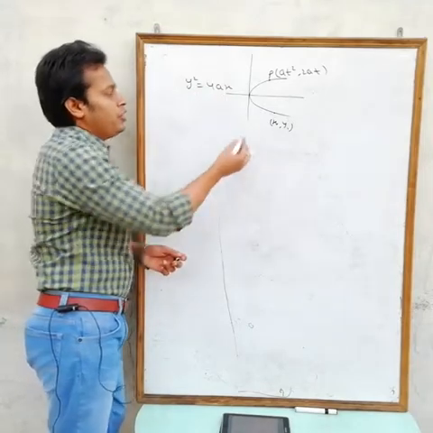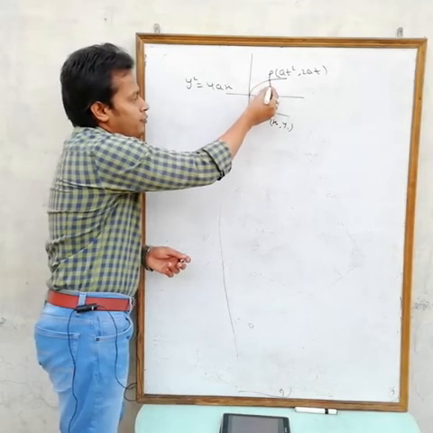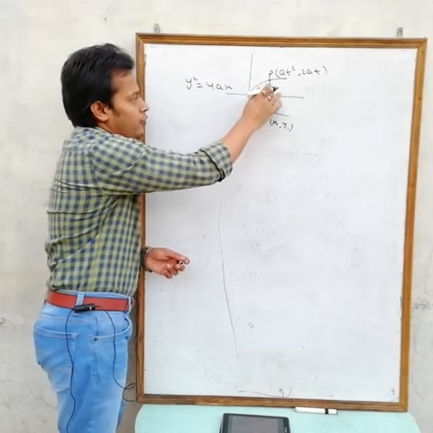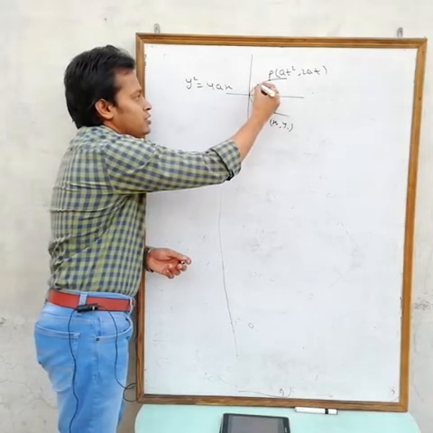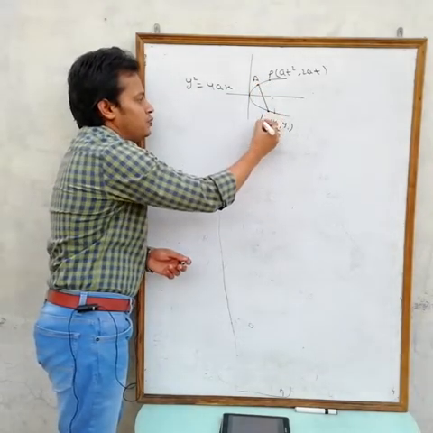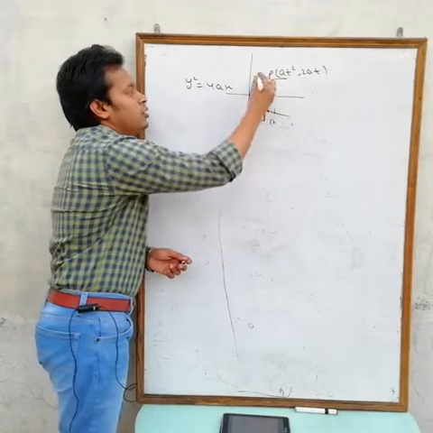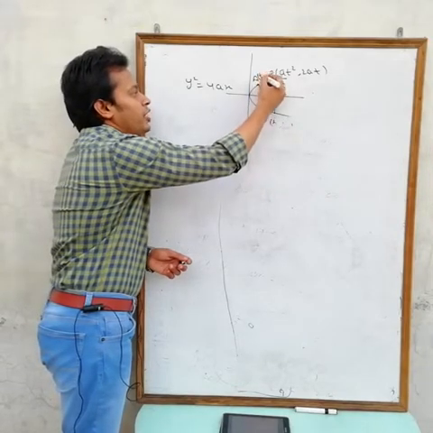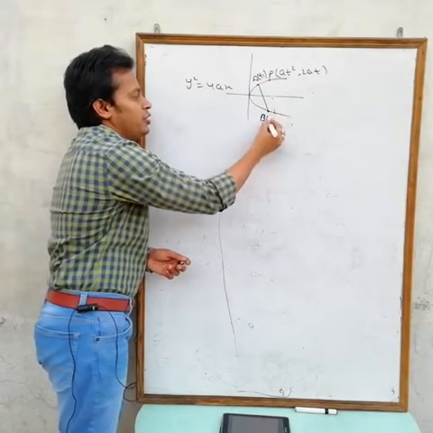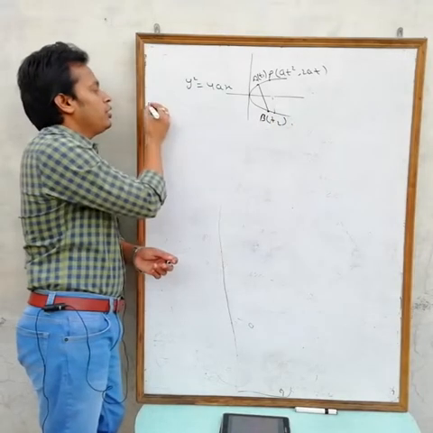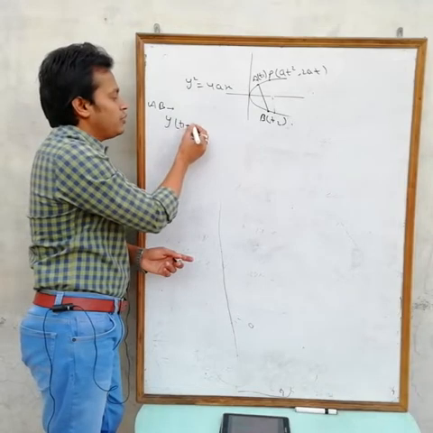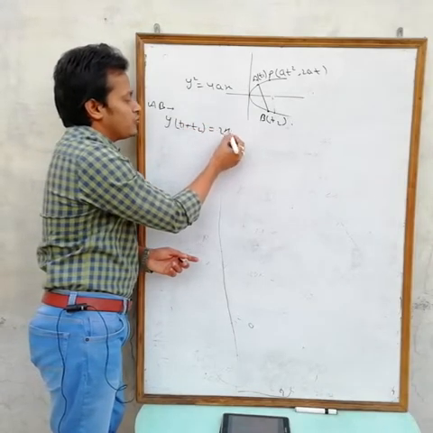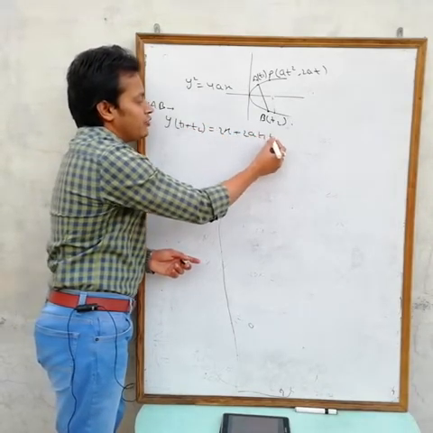Now, if you want the equation of the chord joining any two points, suppose these are A and B. Let the parameter of A be t1 and the parameter of B be t2. Then the equation of AB is y into t1 plus t2 equals to 2x plus 2a t1 t2.